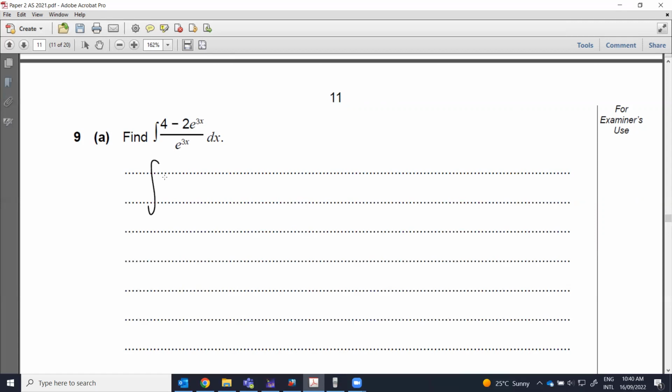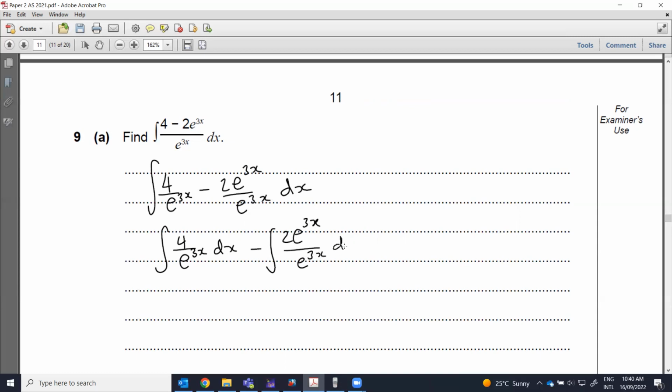I have 4 over e to the power of 3x minus 2 e to the power of 3x over e to the power of 3x dx. Now I look at these two integrals. I have the integral of 4 over e to the power of 3x dx minus the integral of 2 e to the power of 3x over e to the power of 3x dx.